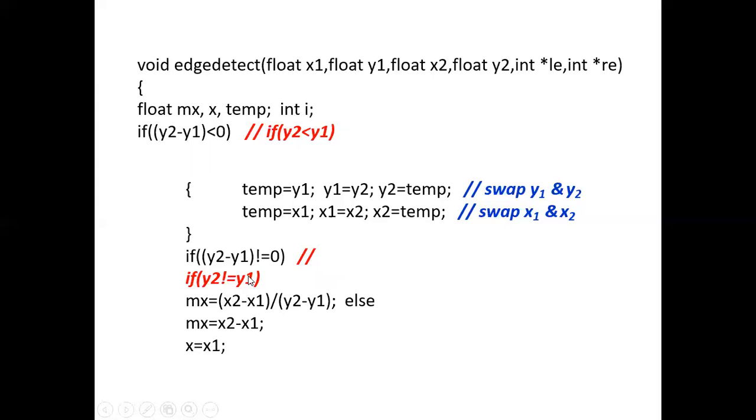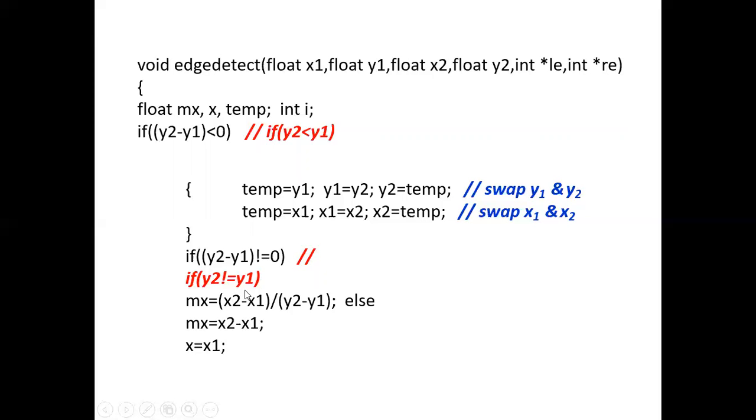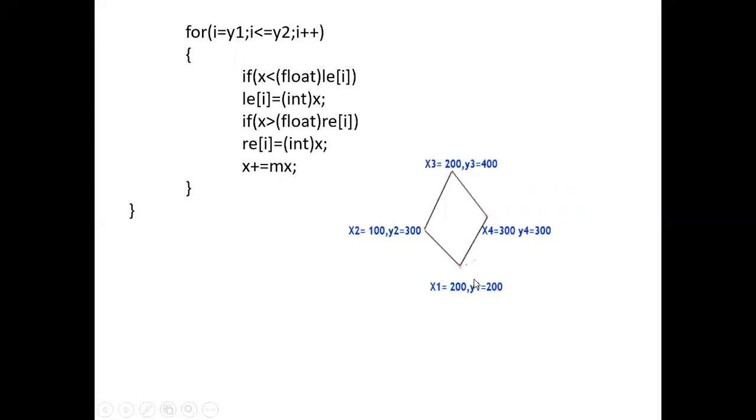So this is basically used to find the difference values. So mx will be equal to x2 minus x1 divided by y2 minus y1. Take the points x1 y1 and x2 y2. Here I check that y2 is not equal to y1.